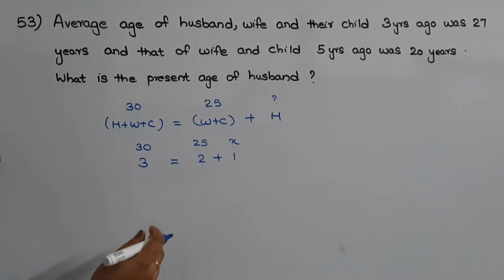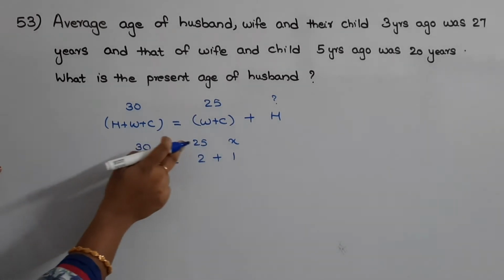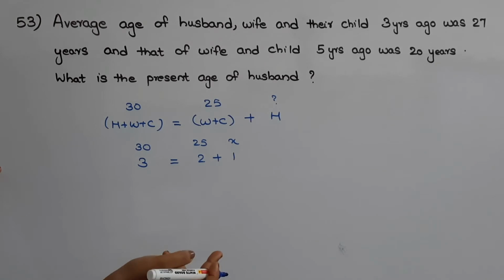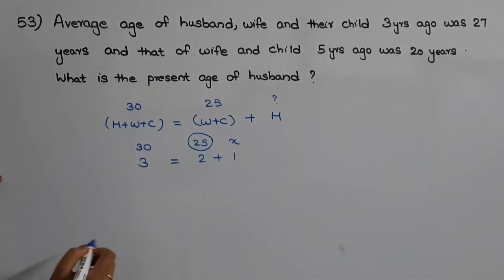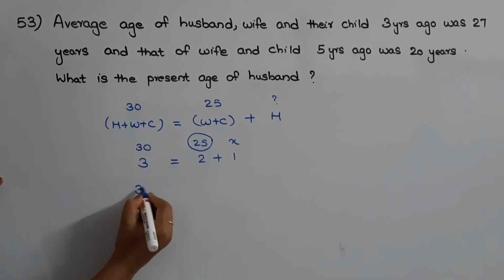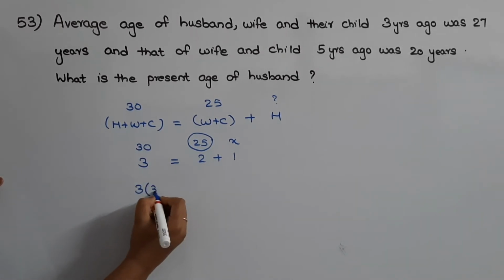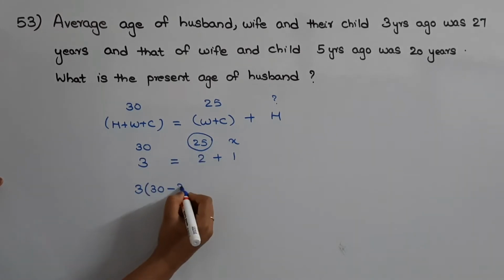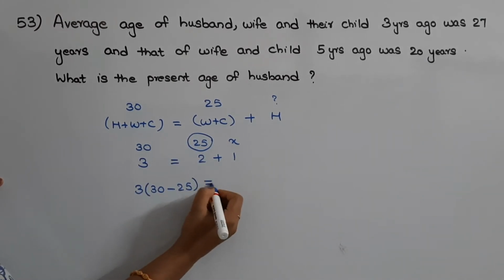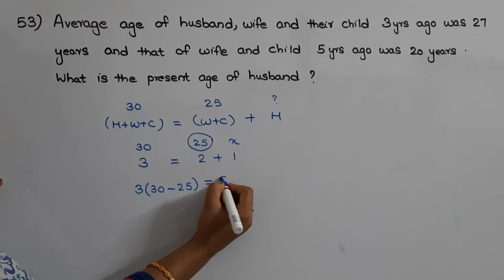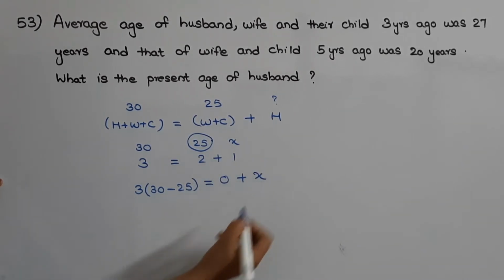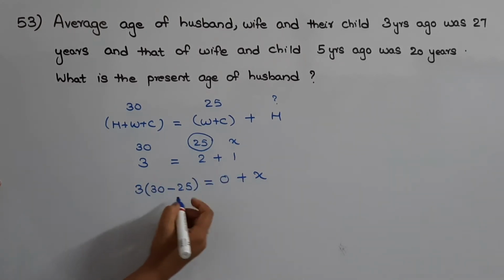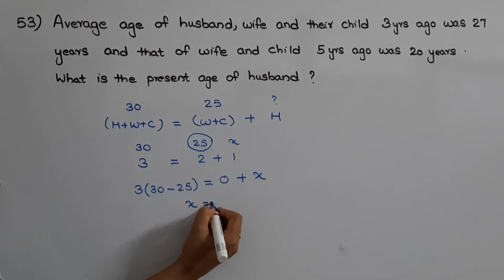Now first we need to find out the value of X. So for that we need to take either this 30 or this 25 as a reference average. So I am taking the smallest average as the reference average. Now multiply this 3 by the difference between its average and reference average. That is equal to, whichever part we are taking as the reference part, that part will become 0 plus 1 into X, that is X. Now on solving this we will get the X value as 15.